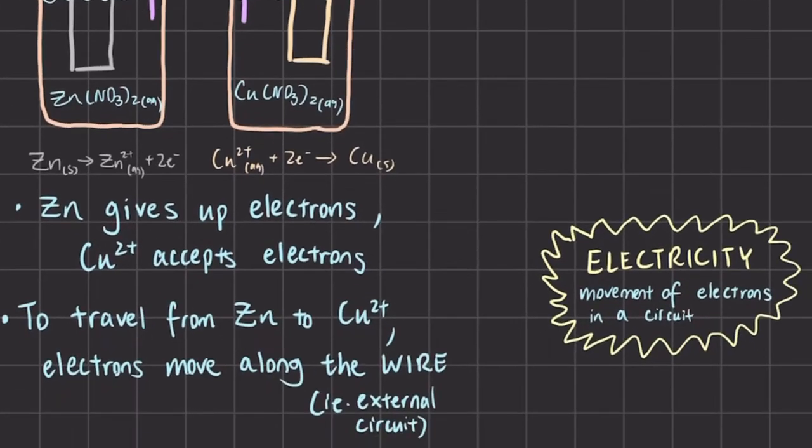And the reason why this makes electricity is because, remember, electricity is defined as the movement of electrons, or charged particles, in a circuit. And a circuit is basically a pathway where electrons can flow through, such as the piece of wire that we have here.